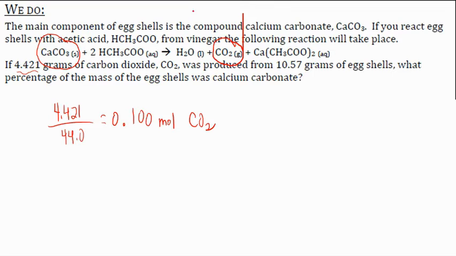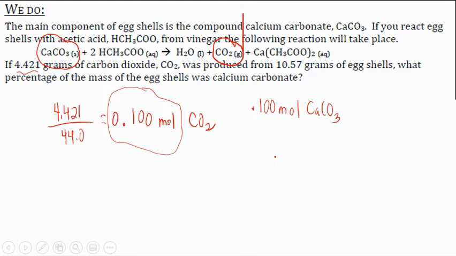I could take this and go up into the cloud and divide by 1, and then come back out and multiply by 1. I'm going to end up with the same amount for moles. Does that make sense? So if I've got that many moles of CO2, I had to start with that many moles of CaCO3.